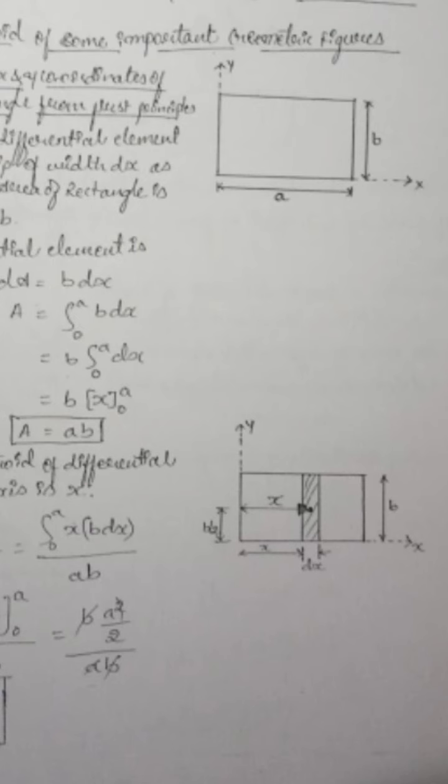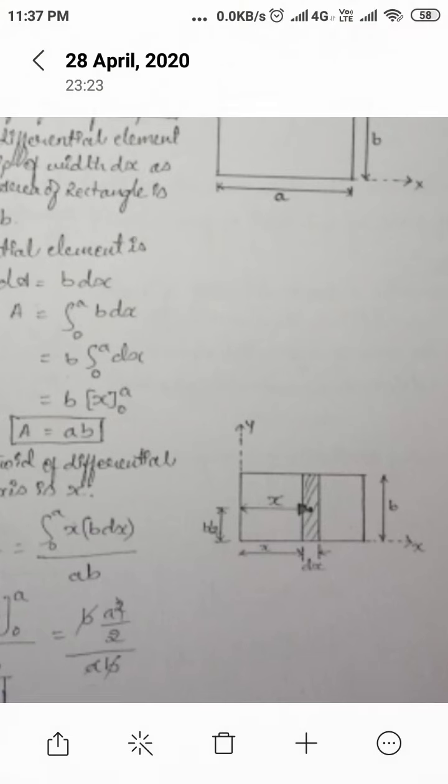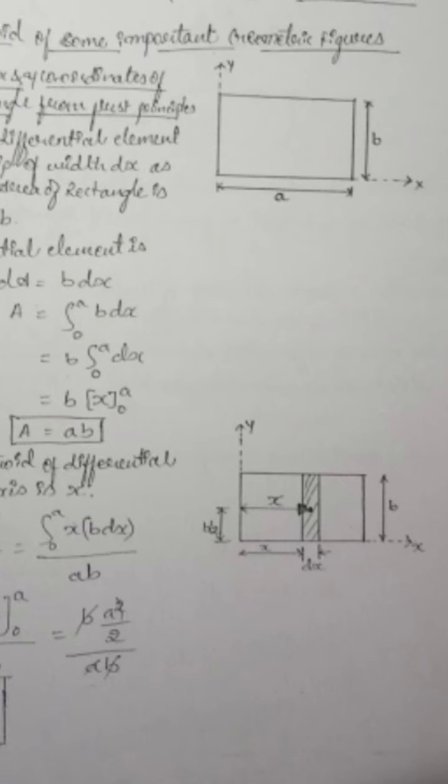Now I want to find out the area of that small strip. You can see in the left corner there is an integration equation, where the area varies from 0 to A. The area of that small strip is breadth into depth.